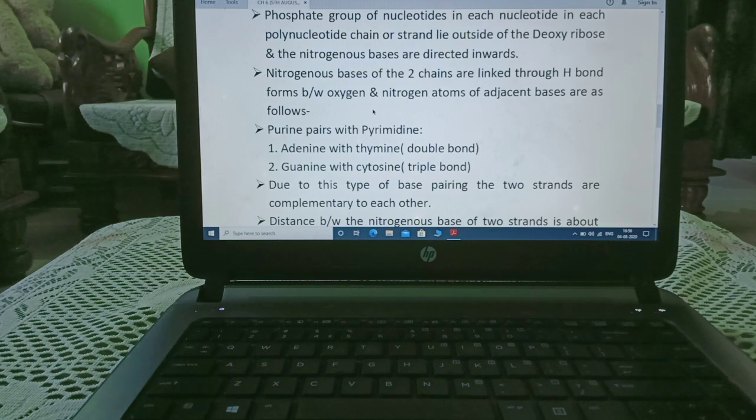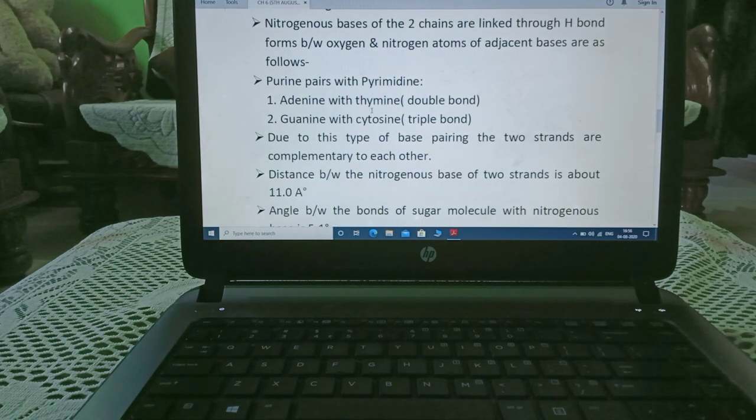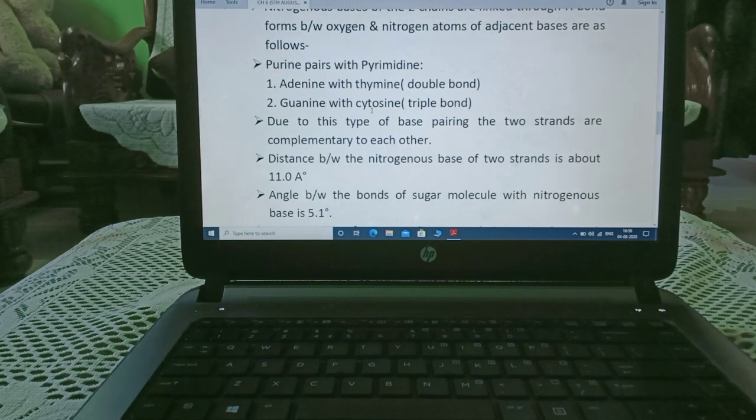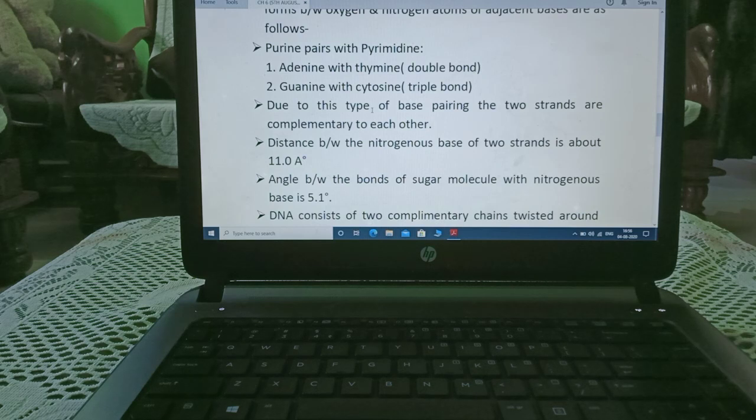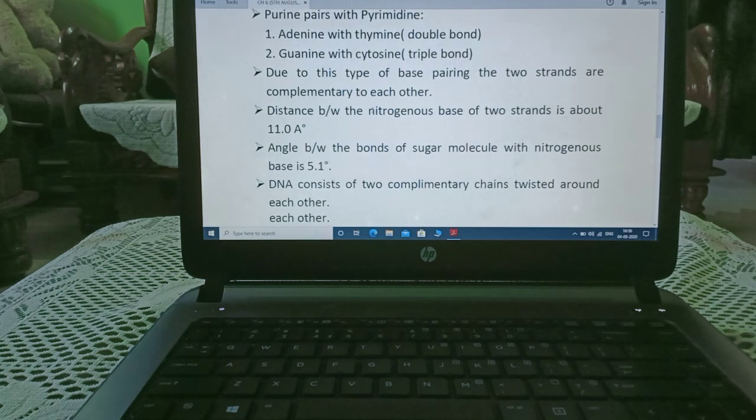The nitrogenous bases of the two chains are linked through hydrogen bonds between oxygen and nitrogen atoms of adjacent bases. These nitrogenous bases are of two types, purines and pyrimidines. A purine pairs with a pyrimidine: adenine with thymine by a double bond, guanine with cytosine by a triple bond.